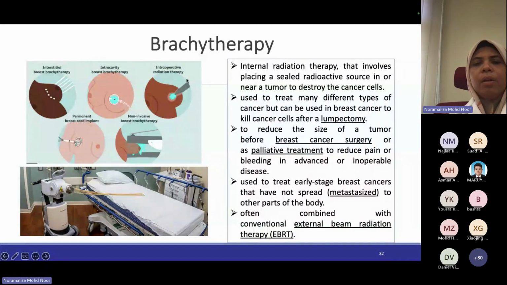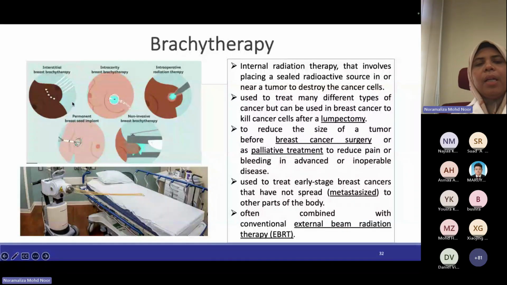It really depends on the oncologist's preference. So you can see where the source will be in this machine. After that, we have the catheter or insert, which we can place surgically in the breast, or in the tumor site.